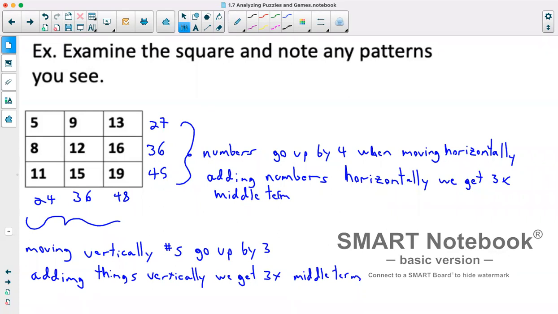Okay, so like I mentioned, in this section we're purely looking for patterns in games and puzzles. So things like what was brought up here, as well as the previous example.